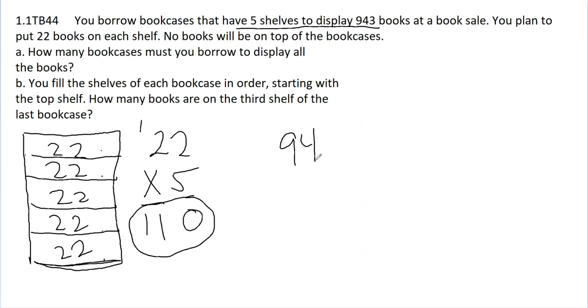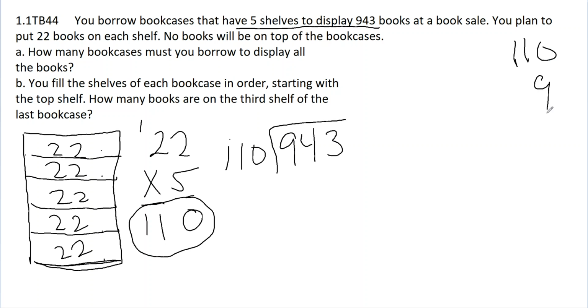We have 943 books to display. So if we divide those 943 books into bookshelves, 110 per bookshelf, let's find out what the result will be. Well, I know that 9 times 100 is 900, so what if we went 9 times 110?